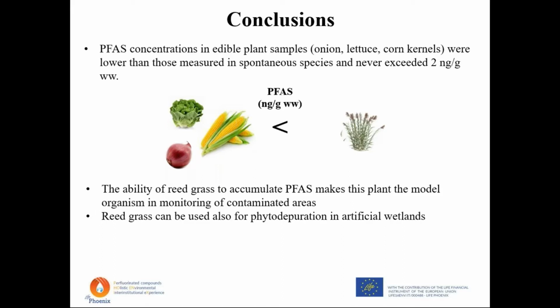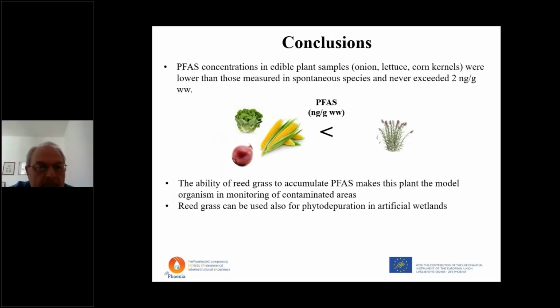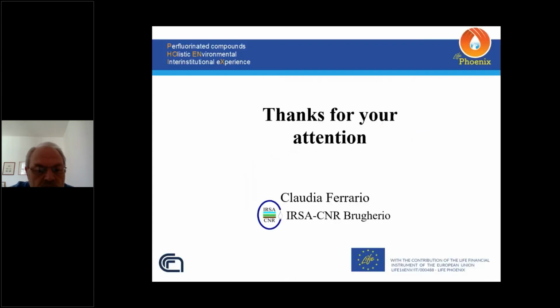About Phragmites, we have noticed that this plant is a good model organism in monitoring of contamination due to its ability to accumulate PFAS. As you will hear in the next presentation, this plant can also be used for remediation in artificial wetlands. And thank you for your attention.